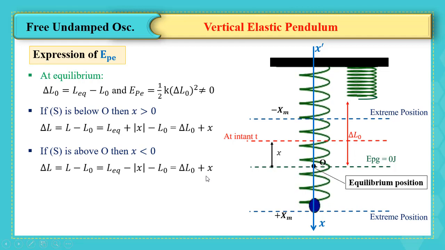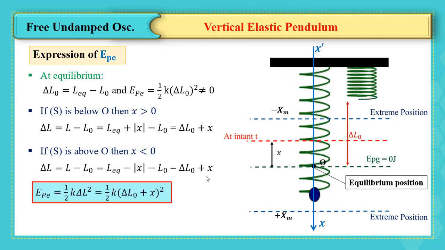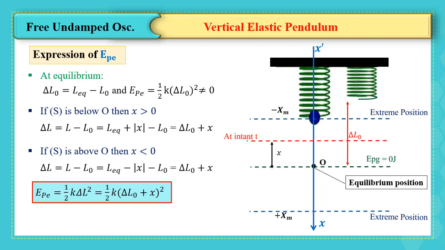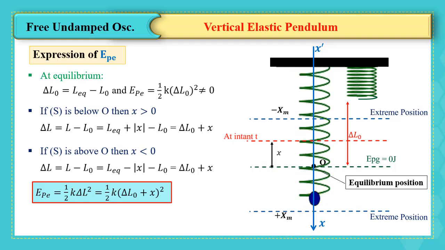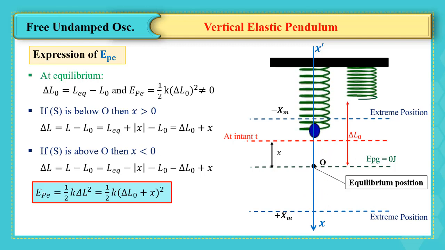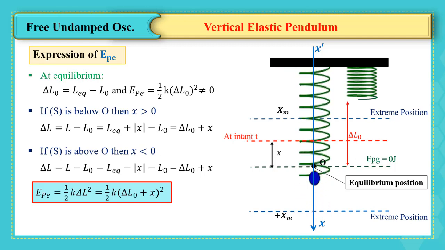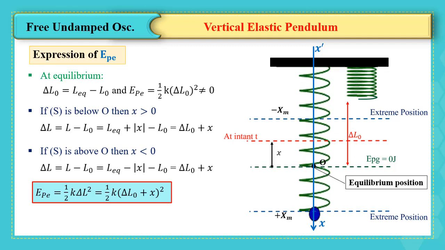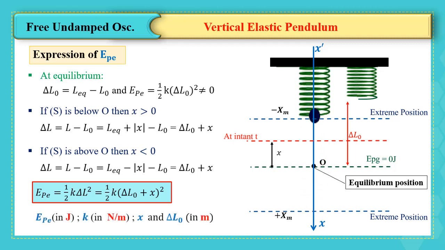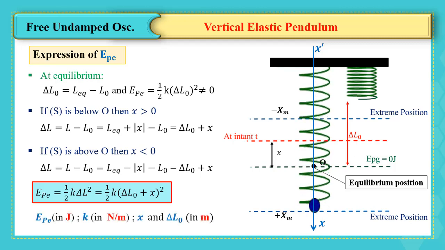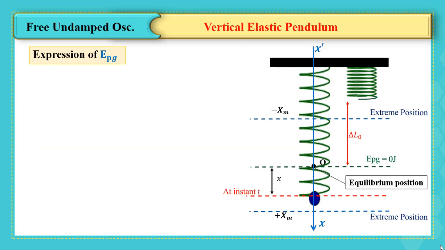So in both cases, whether the position of S is above or below the equilibrium position, the expression of the elastic potential energy is half K delta L squared, where delta L is delta L0 plus X, all of it squared, where the elastic potential energy is in joules, K in Newton per meter, X and delta L0 in meters.